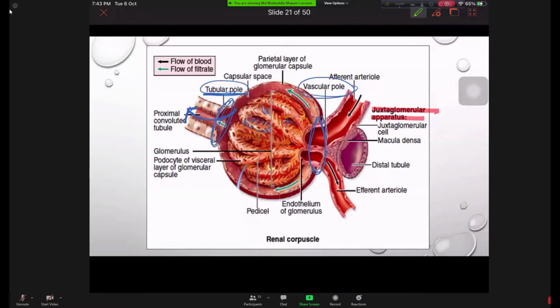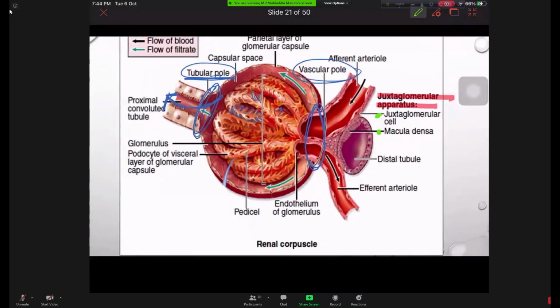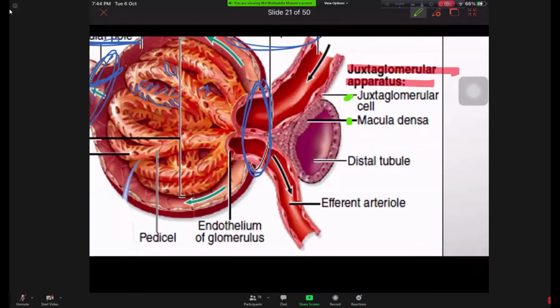It is a composition of three types of cell: the juxtaglomerular cell, the macula densa, and the Lacis cell. The juxtaglomerular cells are modified cells of the afferent arteriole.